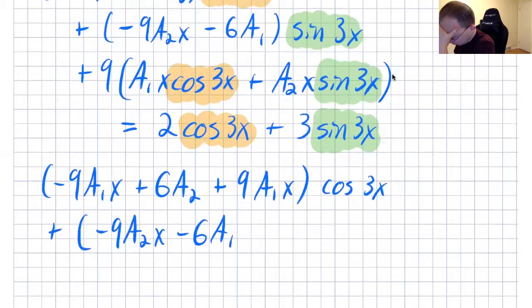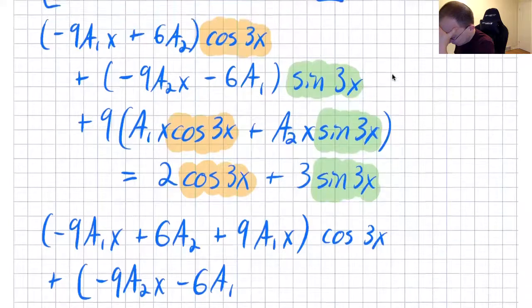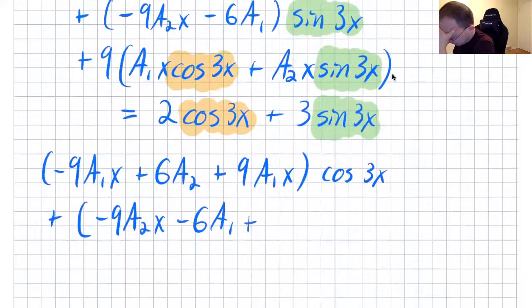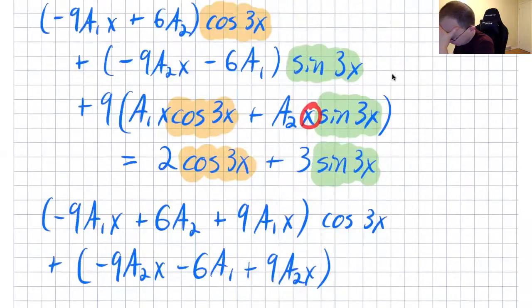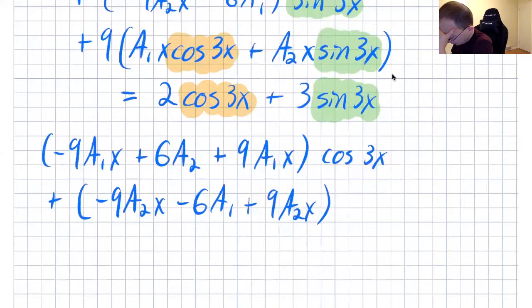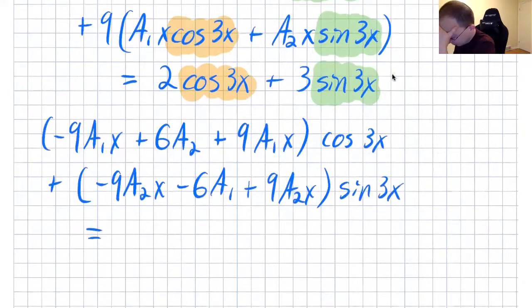And then plus 9a2x. Yeah, don't forget that x. There's an x there. You know, it's almost hiding. I almost missed it both times. And then that's sine 3x. And then on the right-hand side, it doesn't change. It's just 2 cosine 3x plus 3 sine 3x.